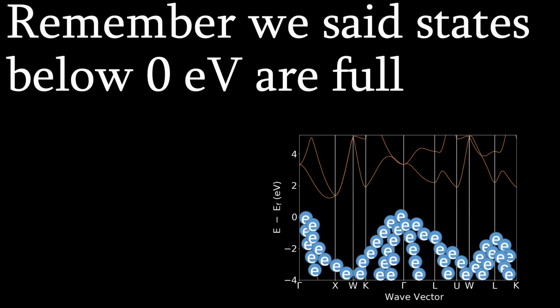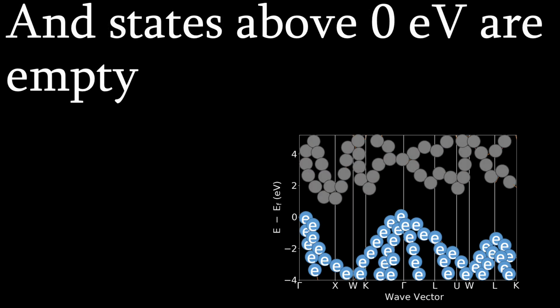Remember we said states below 0 eV on the y-axis are full, and states above 0 eV on the y-axis are empty. Let's imagine the bands are composed of discrete states again for now.